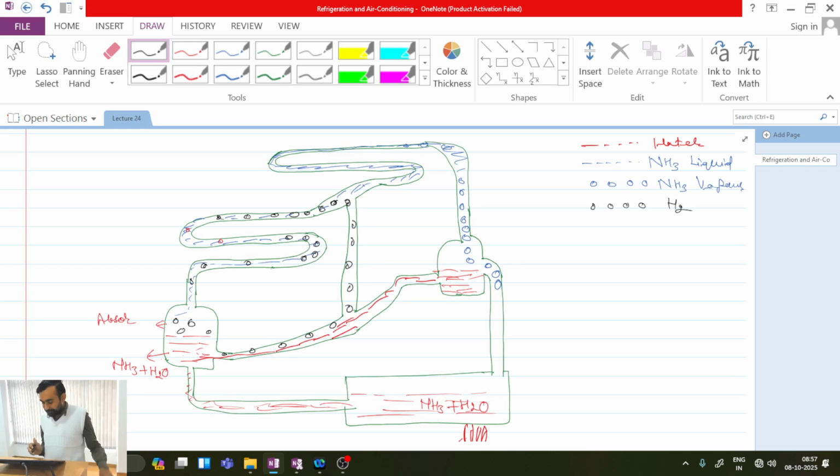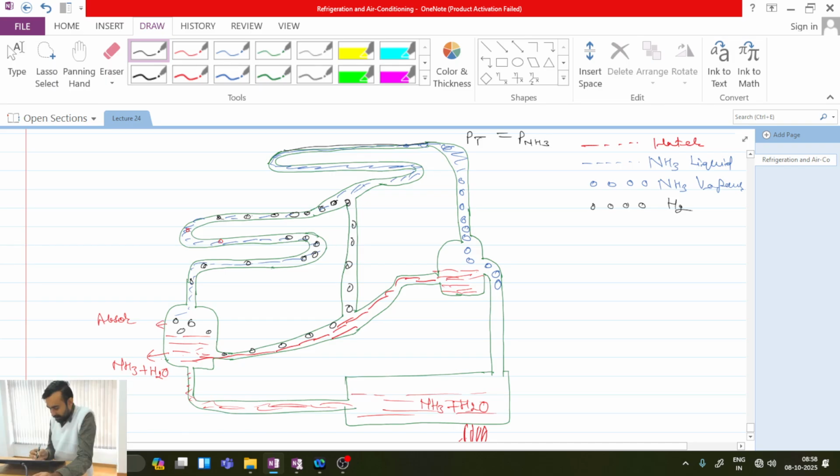Now you see, in the condenser entirely what do we have? Ammonia. I have pure ammonia. So the total pressure in the condenser is because of purely ammonia.